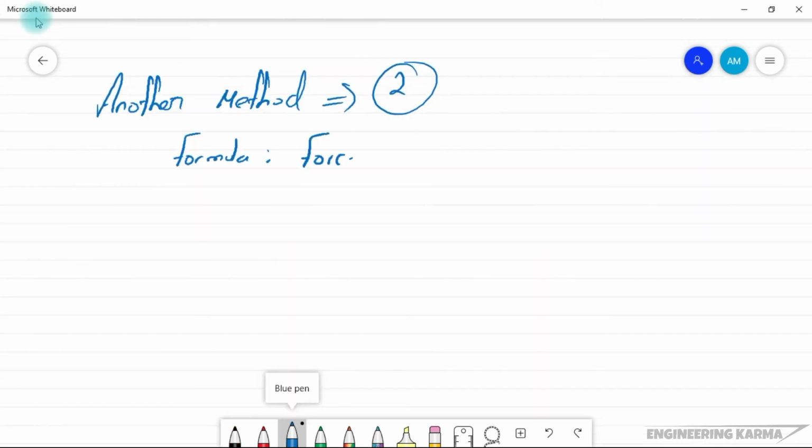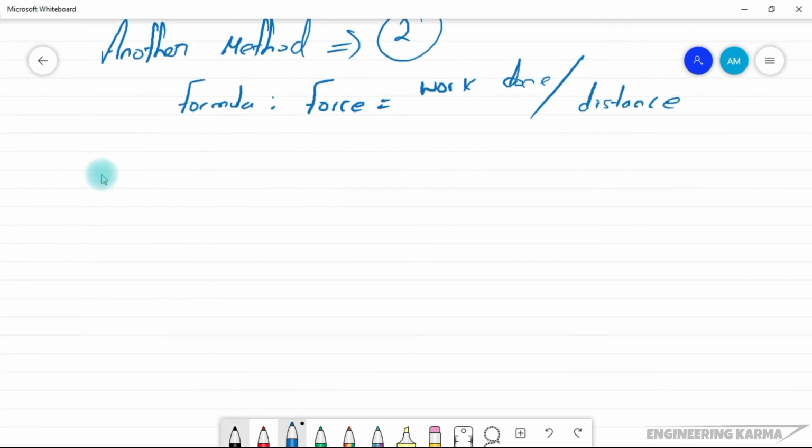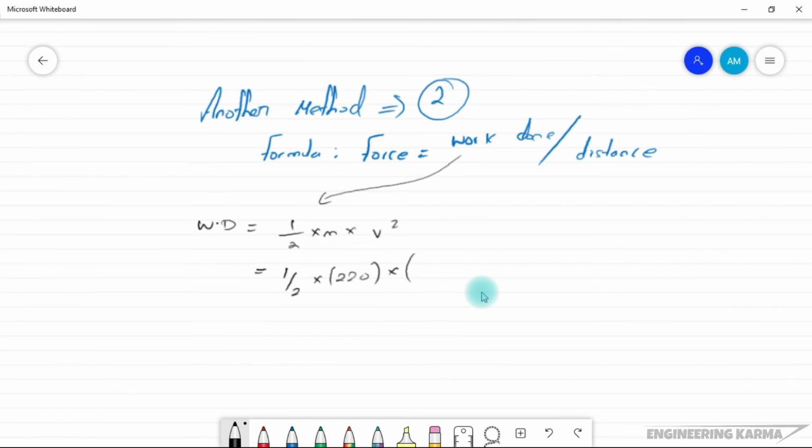I want to discuss another way of finding impact force. This is straightforward, but the value is not as high as the other method. We know work done is a half mv square. By using it, we can find the work done.